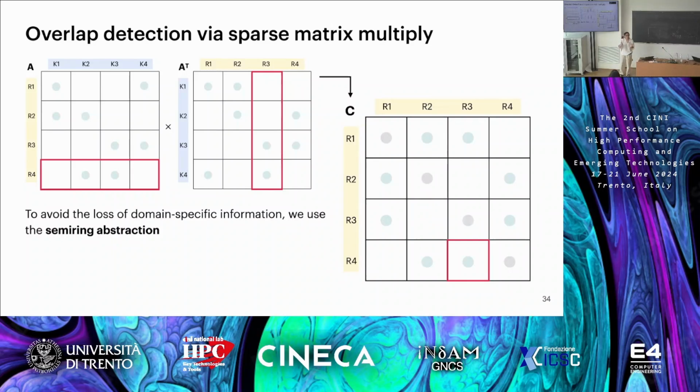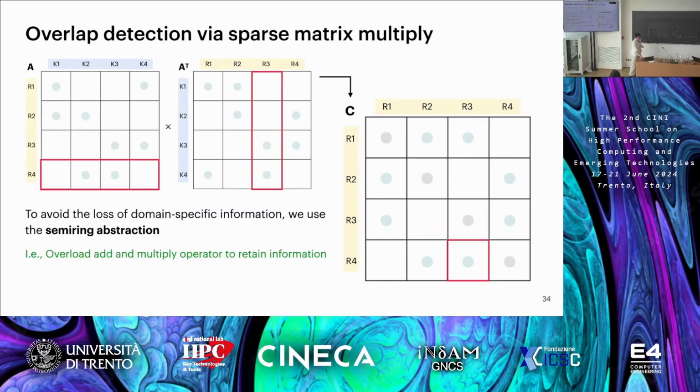You can still overload addition and multiply to do whatever you want. And this means that not only can you overload addition and multiply, but you can also have different types of matrices. So here you have A and A transpose, so they will have to have the same type, but C can be a different type. If you have A times B equals C, then A, B, and C can have different types, as long as the operators that you define make it consistent.